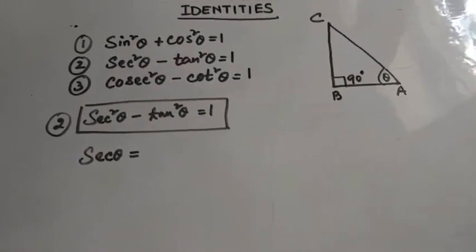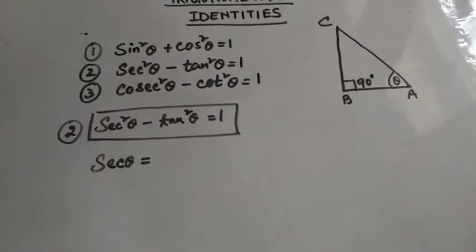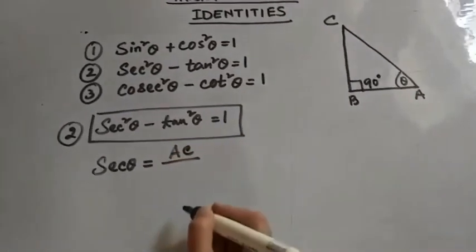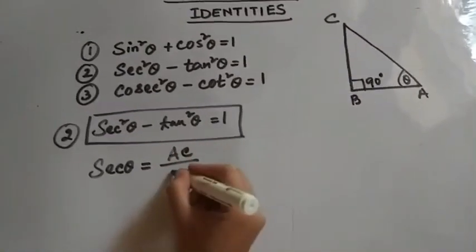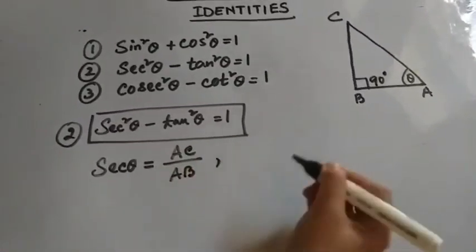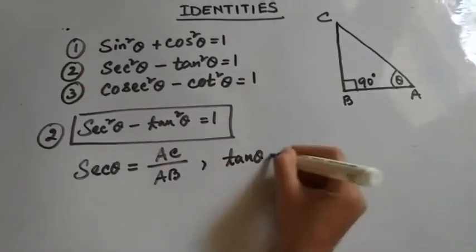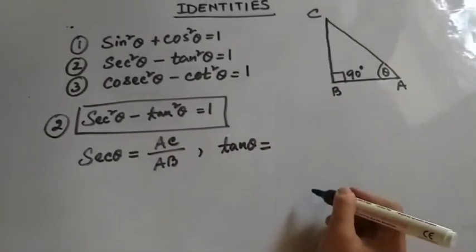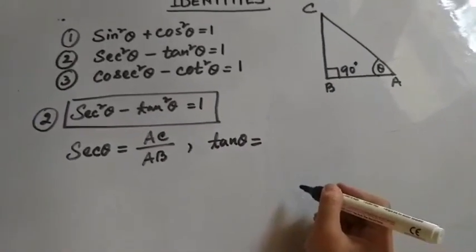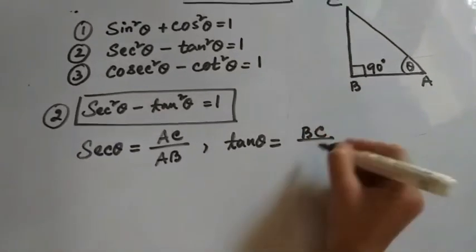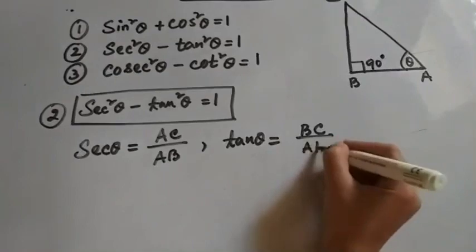That means the reciprocal of cos theta, right? So hypotenuse means AC, by base. Base means AB. And what will be the formula of tan theta? It will be perpendicular by base. That means the opposite side of angle theta divided by the adjacent side of angle theta. That means BC by AB.